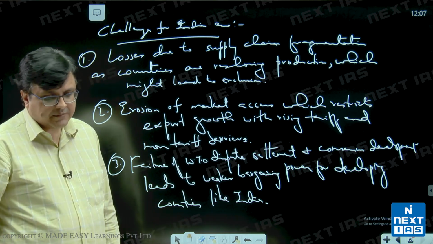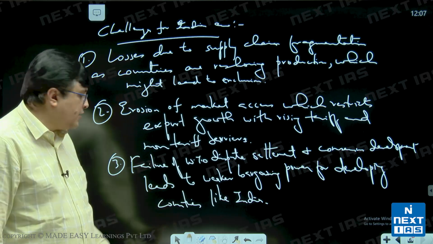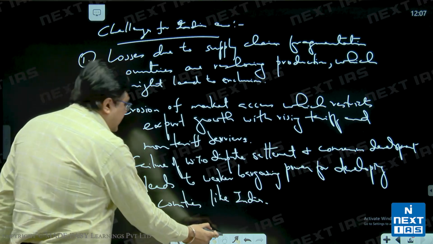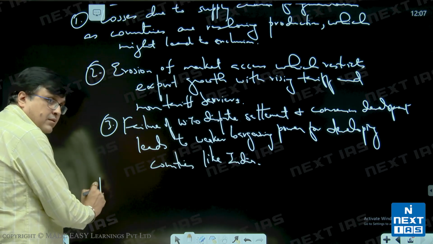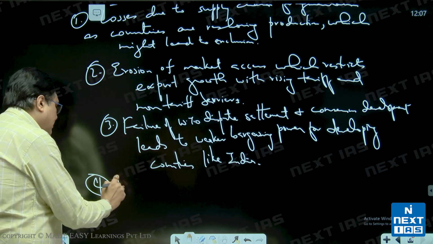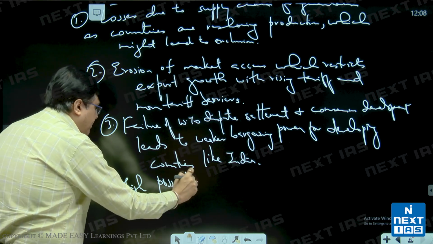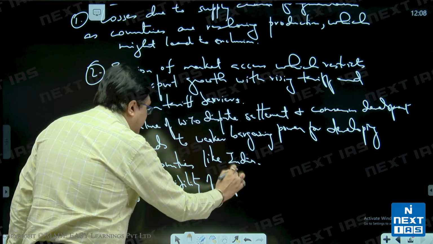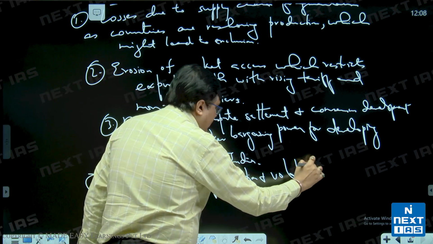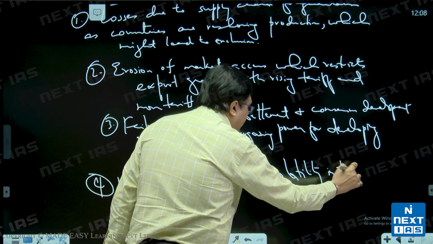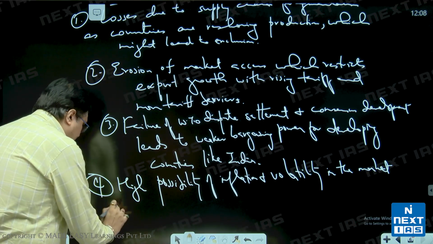Another challenge is that there is high possibility of inflation and volatility of supply chain. That is the fourth challenge. High possibility of inflation and volatility in the market.